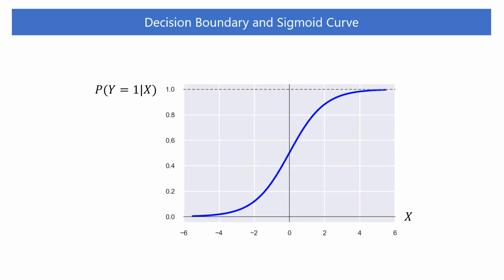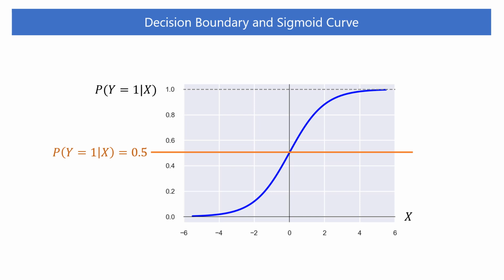Let's see a 2D plot with x on the x-axis and the probability of y equals 1 given x on the y-axis. In this plot, the decision boundary is the horizontal line where y equals 0.5. And this plot approximates the relationship between predictor x and the output.